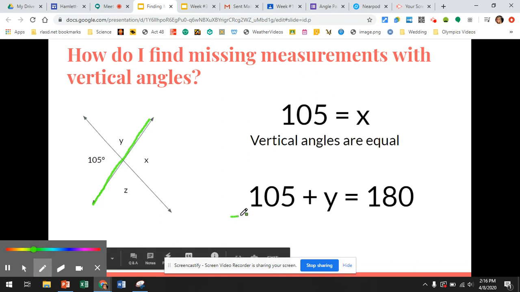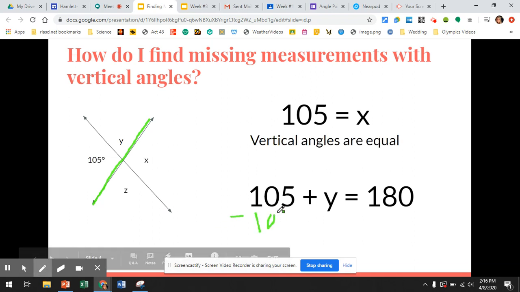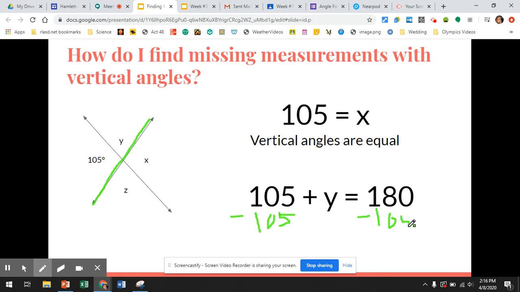So just like we did in our other examples, we're going to subtract 105. What y should be is 75 degrees. It's really hard doing fives on here, so bear with me.